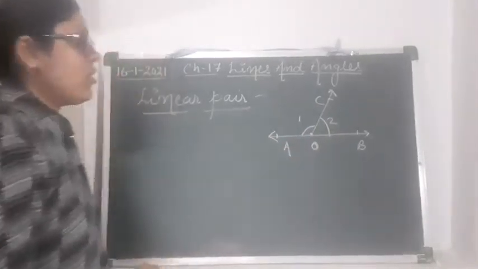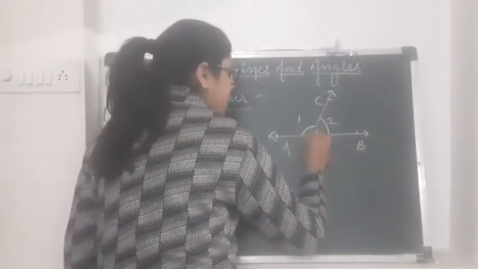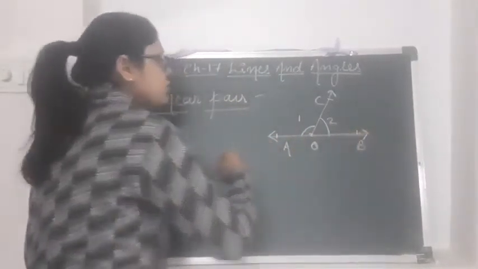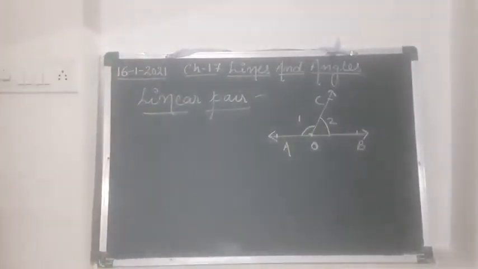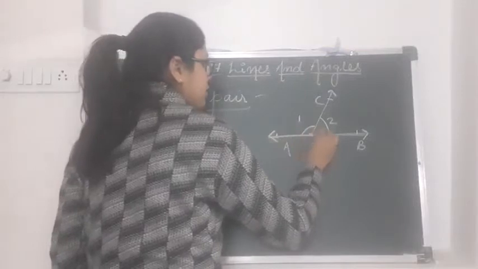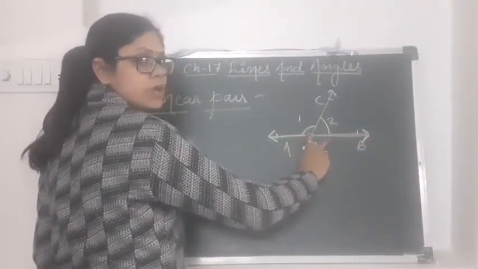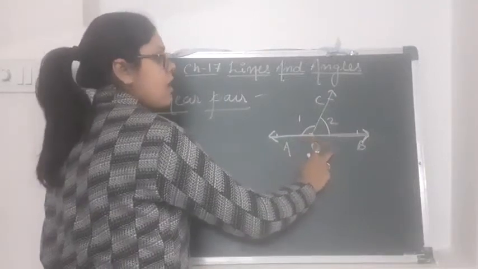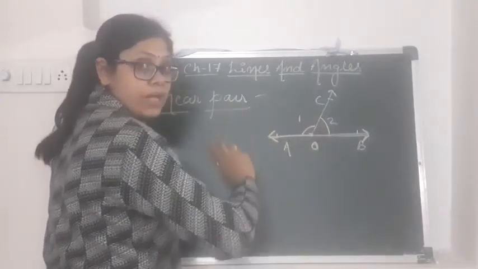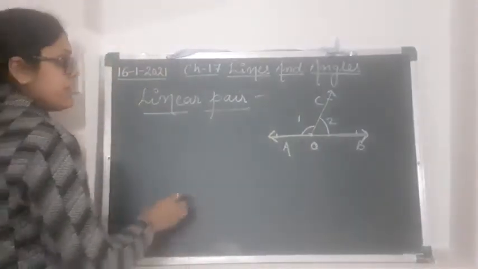When these rays are just opposite to each other, with one common arm and two uncommon arms that become opposite rays, then they are forming a linear pair.